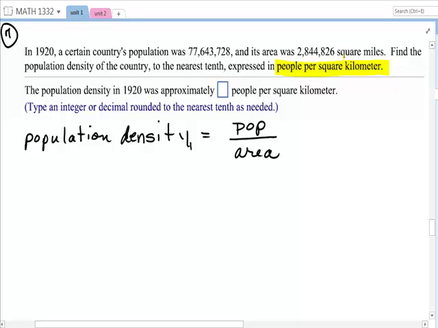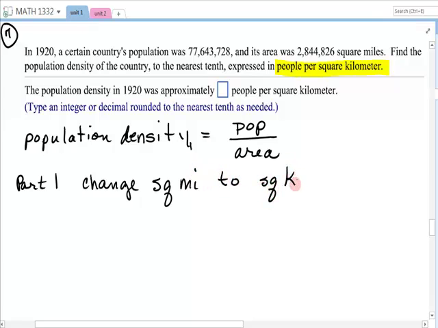And I was not given square kilometers. I was given square miles. So, part 1 of this problem, although it didn't tell me to do it this way, it didn't tell me at all. Part 1, change square miles to square kilometers. Does that make sense to everybody? And can you see that that could be easily overlooked in reading?